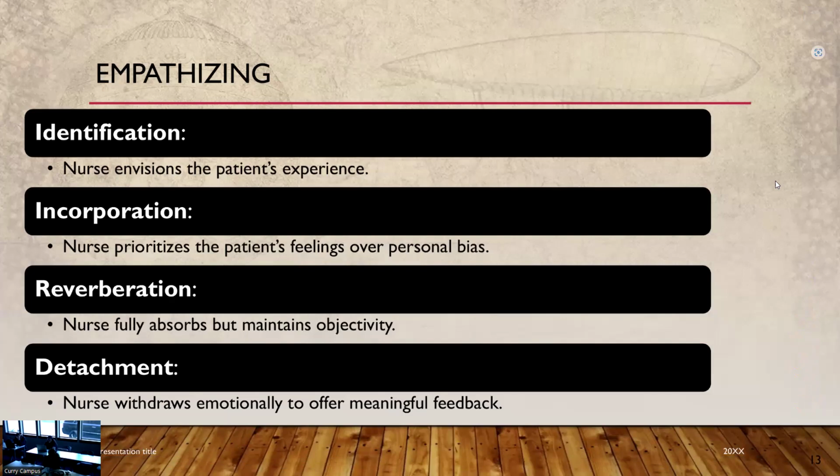Reverberation, nurse fully absorbs but maintains objectivity. And detachment, the nurse withdraws emotionally to offer meaningful feedback. So we step back a little bit and think about what the patient's saying or feeling, and then provide that feedback.